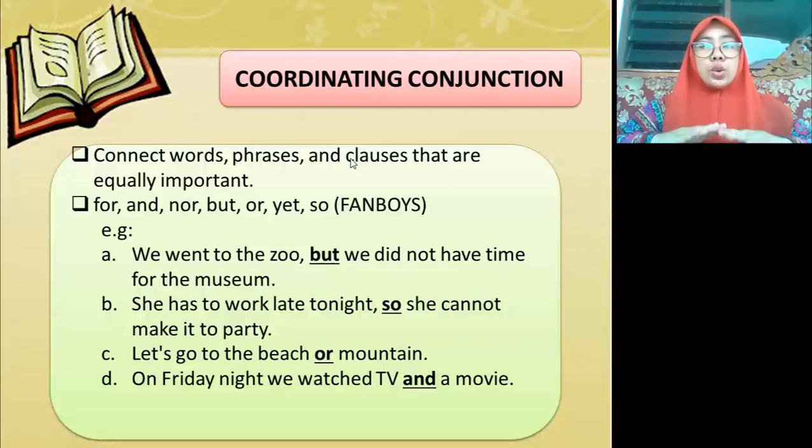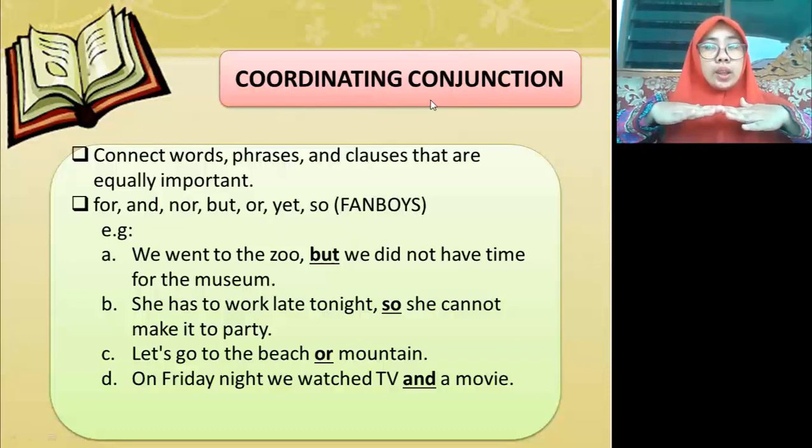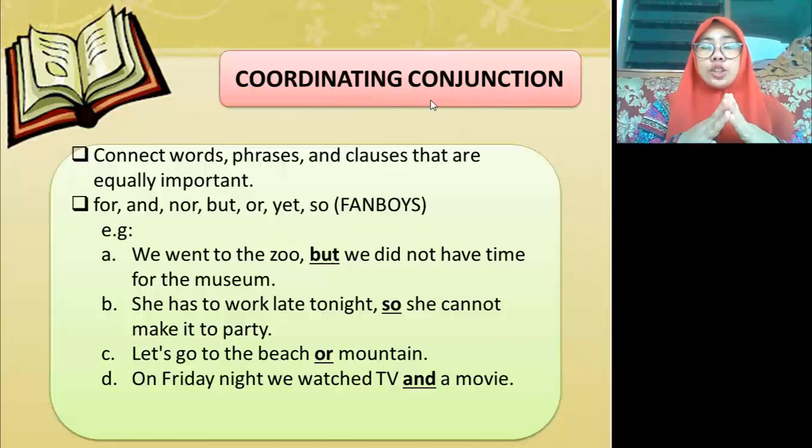In that case, you can remember it with the word FANBOYS: for, and, nor, but, or, yet, and so. That's for the coordinating, the equal.